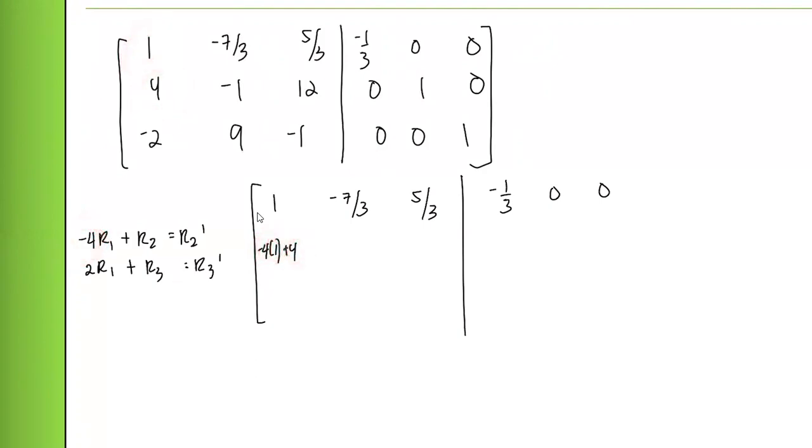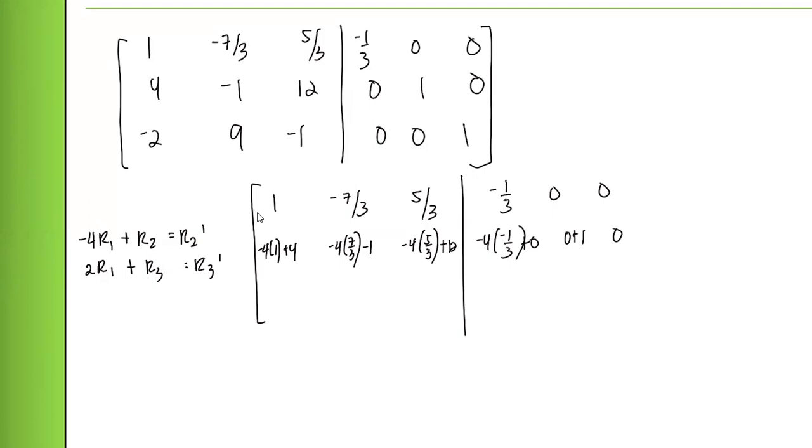Okay? So, try natin sa lahat, no? Negative 4 times 7/3 minus 1. And we have negative 4 times 5/3 plus 12. Negative 4 times negative 1/3 plus 0. Then dito, since 0 to, 0 plus 1 plus 0 na to.